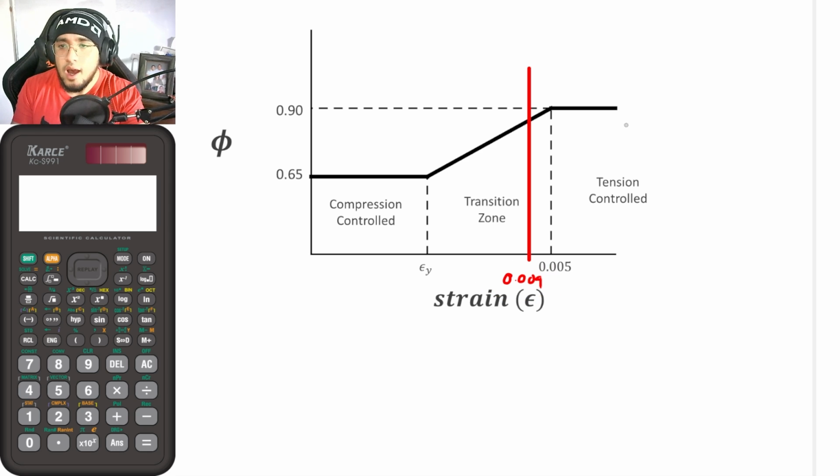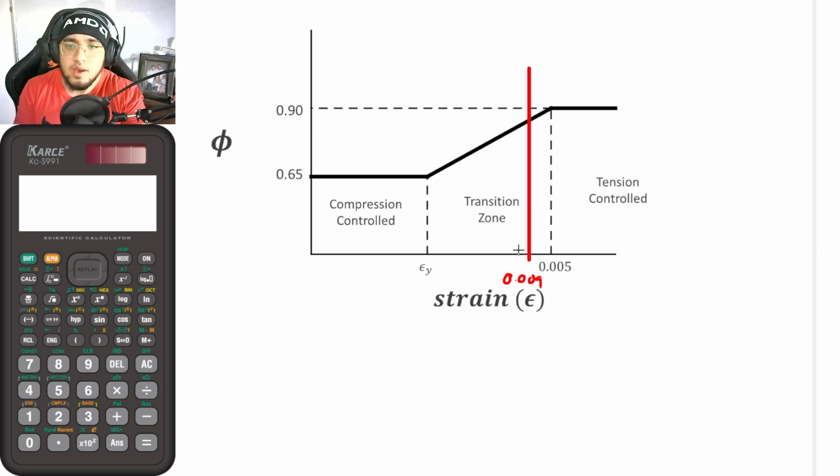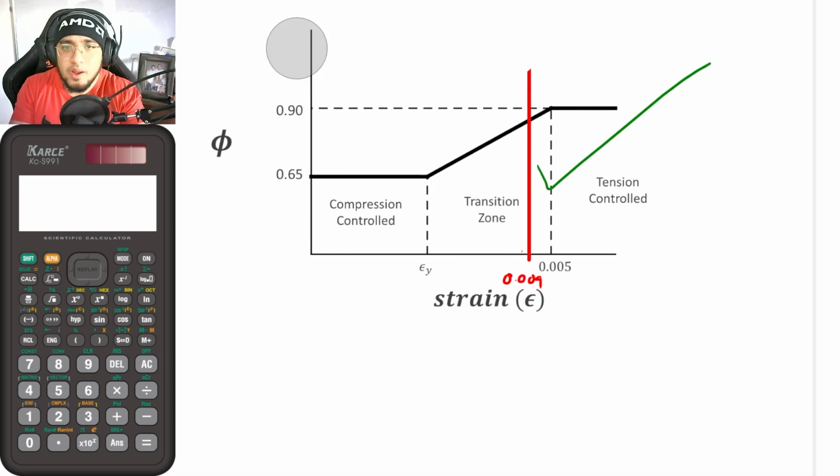According to our code, we can only design our beams in this region only, and we cannot make use of this area. Once again, when we are designing concrete beams, we can only make use of this region here. As a review, what is a compression controlled or a tension controlled section? Suppose that we have a certain beam here.